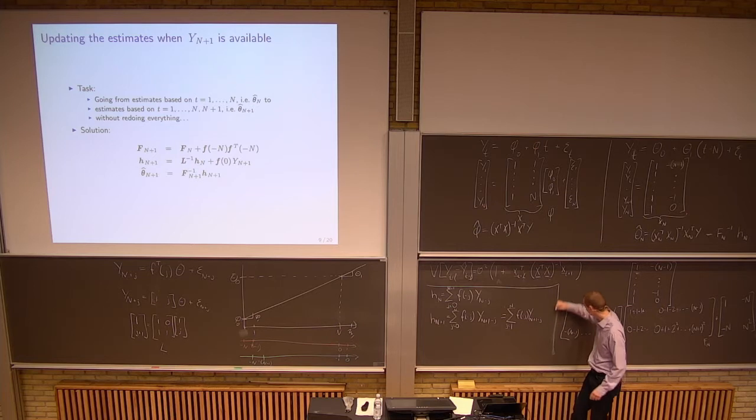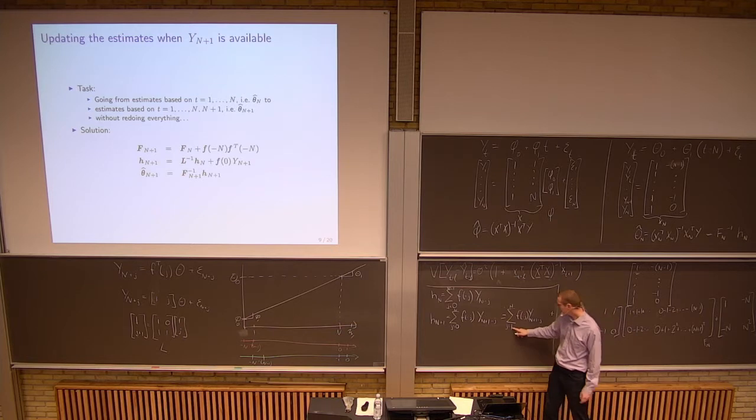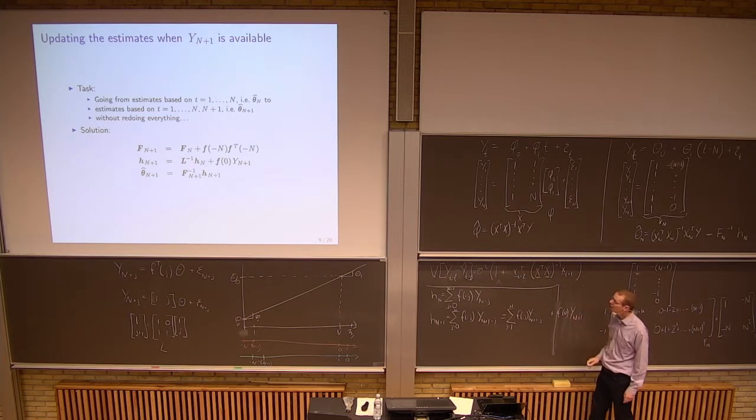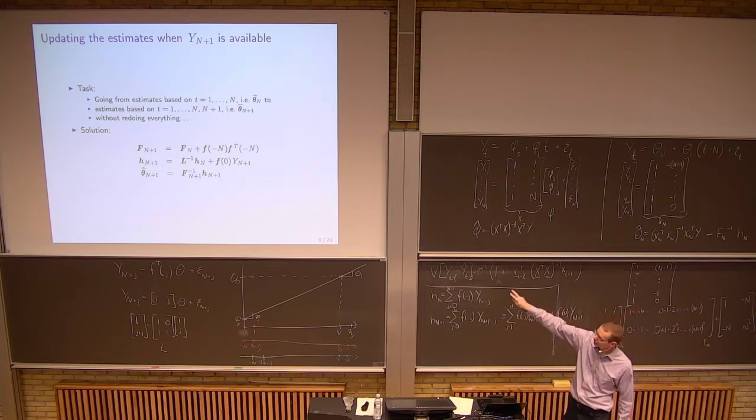And then I have a plus, and then I left out the first element, that is f of 0 on y n plus 1. So that was the last term we have.